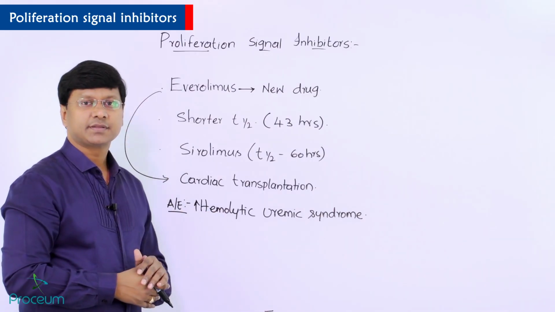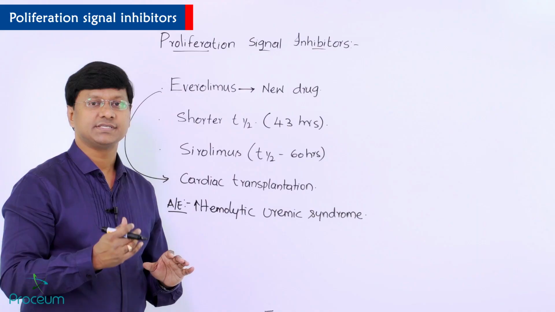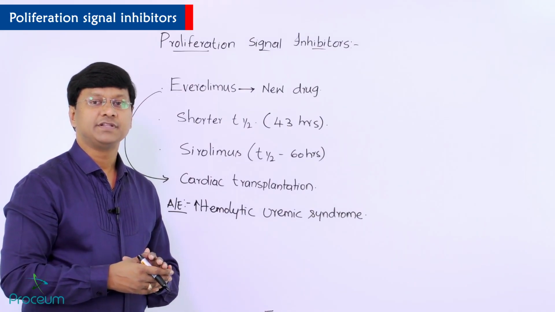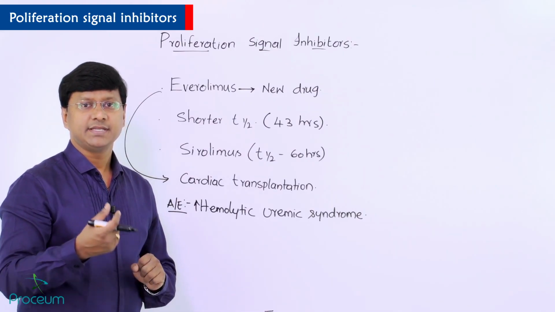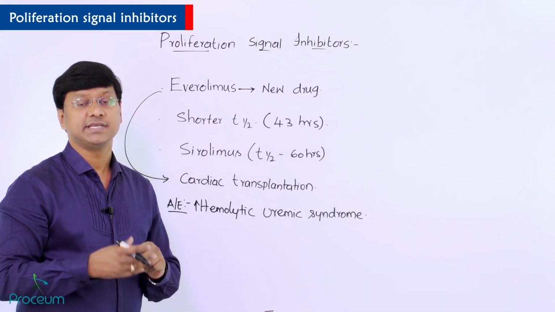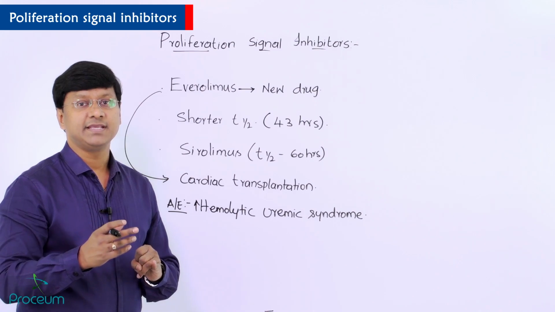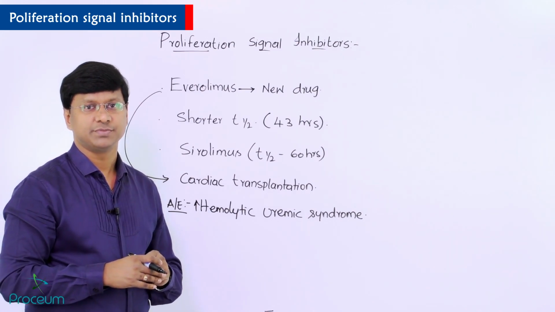Now remember, everolimus has recently been approved for the treatment of patients with astrocytoma, right? And what type of astrocytoma is it? It is called subependymal giant cell astrocytoma, right?